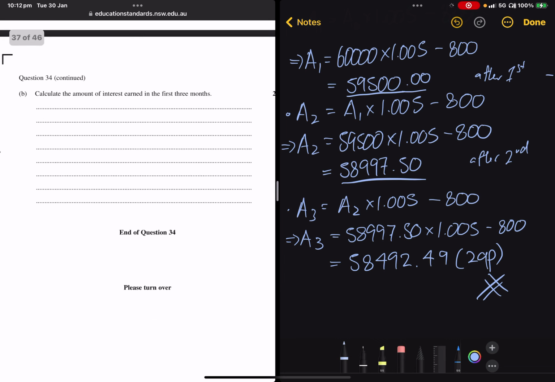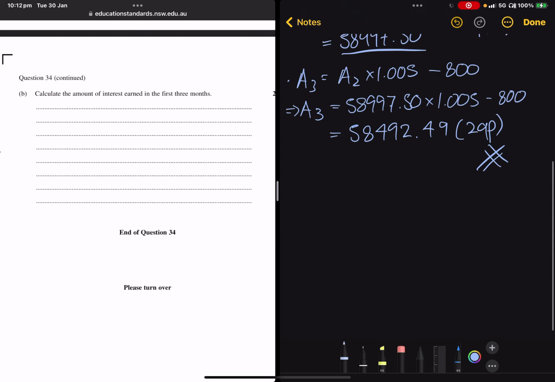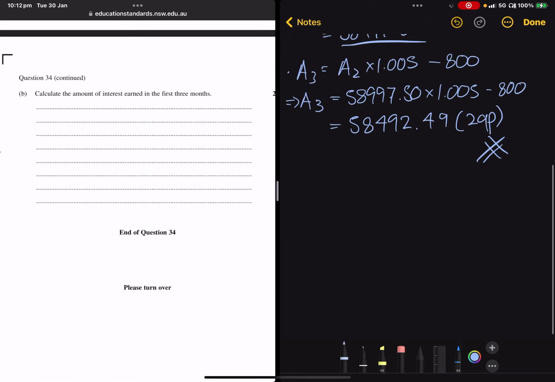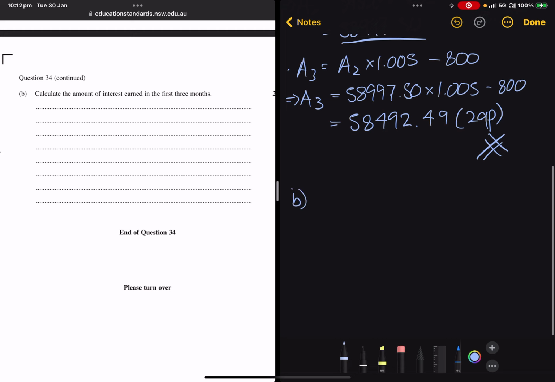Now the question asks us to calculate the amount of interest earned in the first 3 months. So we can do this by just taking a difference. We can look at how much was withdrawn. So this is part B. The amount withdrawn was 3 lots of 800, which is 2,400.